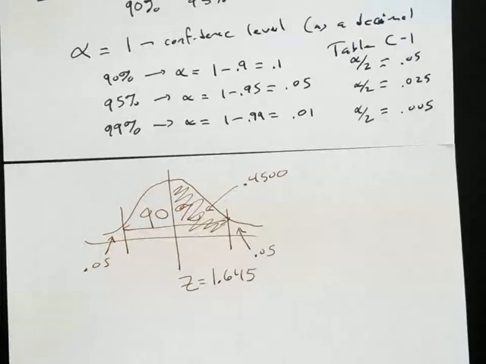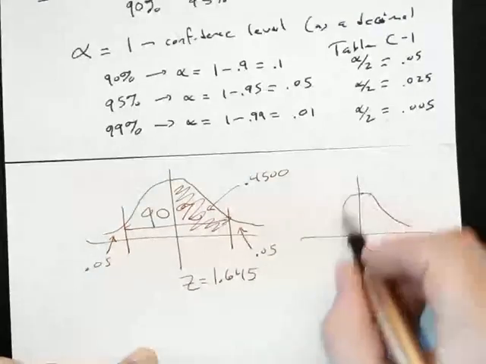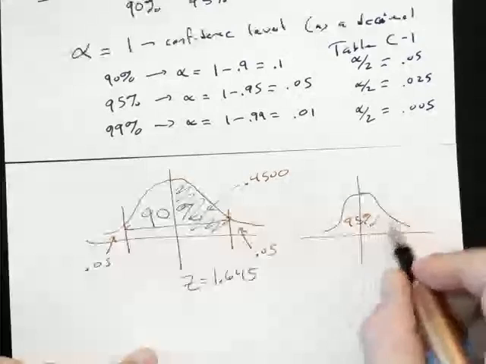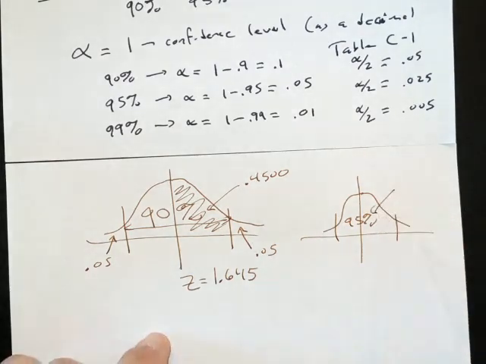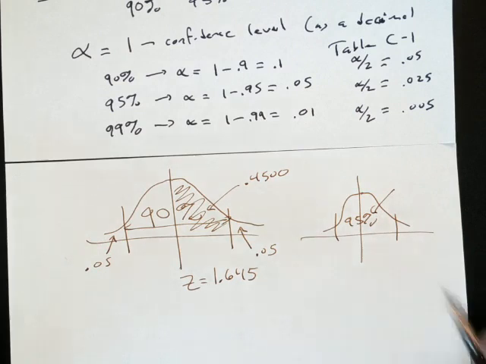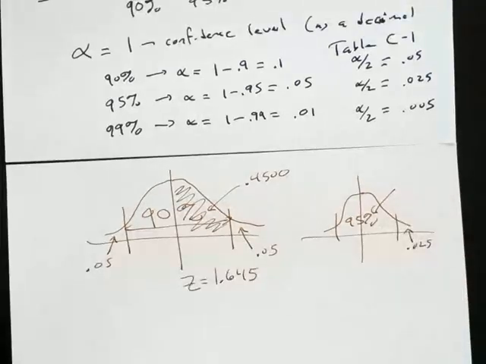If I want 95% in the middle, what's this half? That would be what's out here, is 0.025. So what's inside? 0.475.